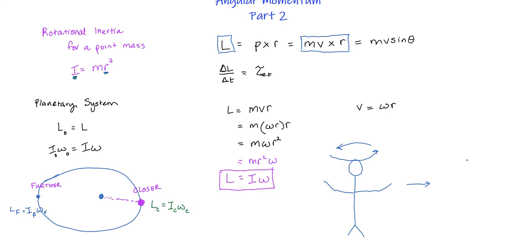Now what's going to happen is, as this figure skater spins, they're actually going to pull their arms in closer to themselves.